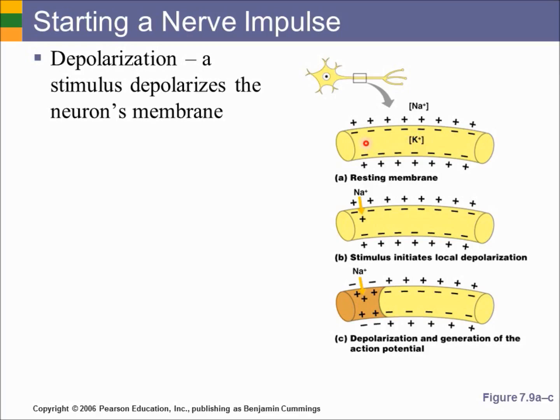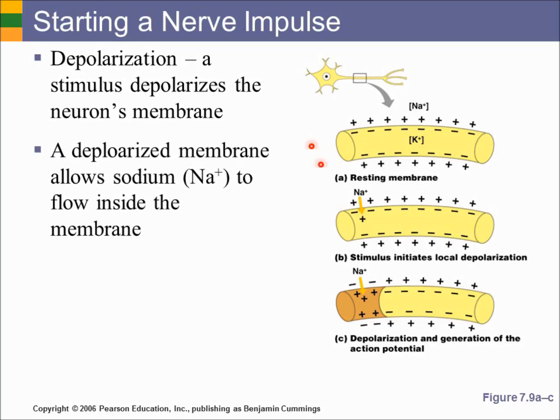But as you depolarize it, a depolarized membrane, responding to some stimulus, is going to allow sodium to flow into the membrane, like we're trying to show on the second picture here. Something stimulates this membrane and depolarizes it, so sodium rushes in.